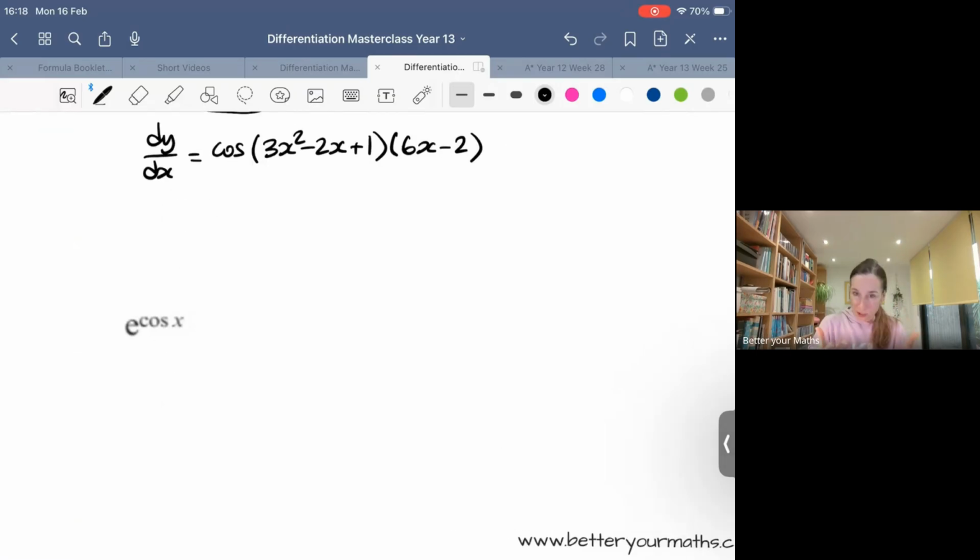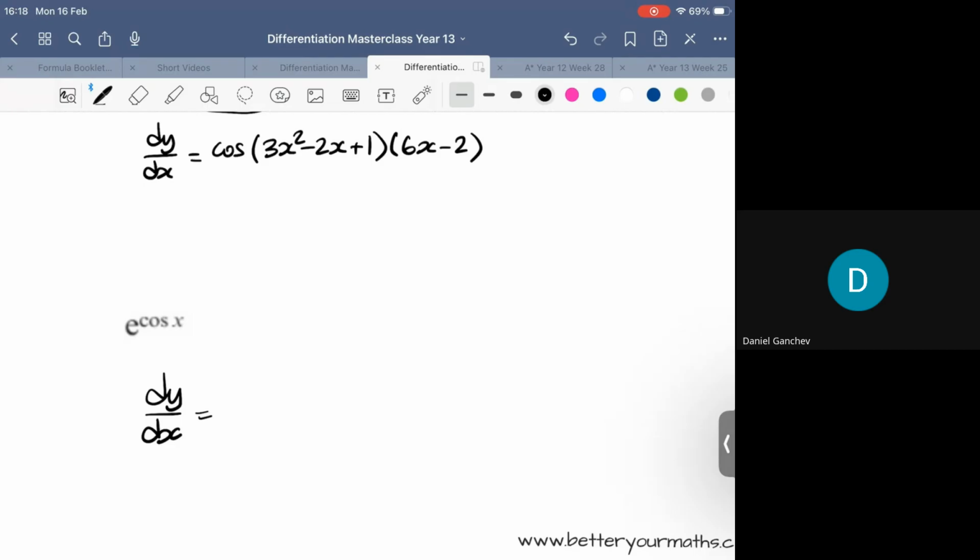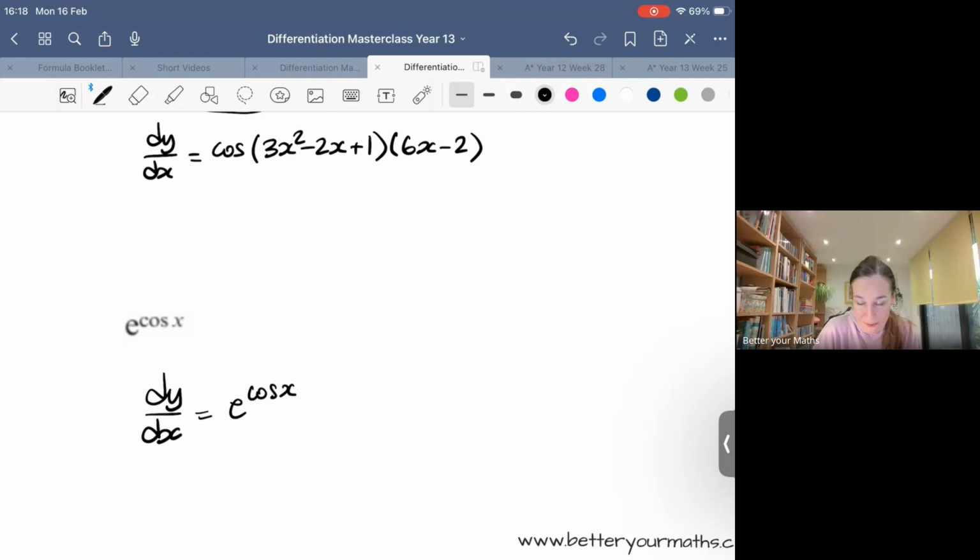Last one. Daniel, please tell me, how do I differentiate this one? It's a function of a function, so e to the something. Would it be e to the cos x, and then you differentiate the cos x? What is the derivative of cos? Minus sine x.